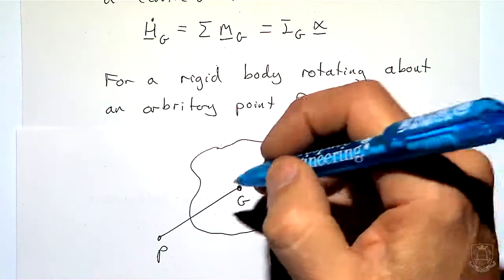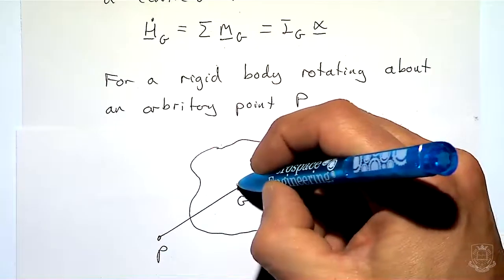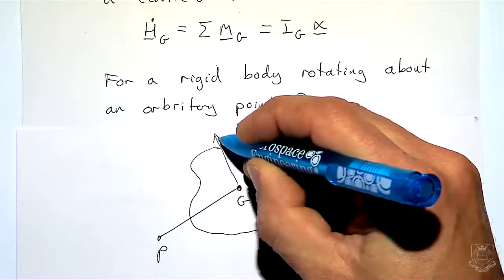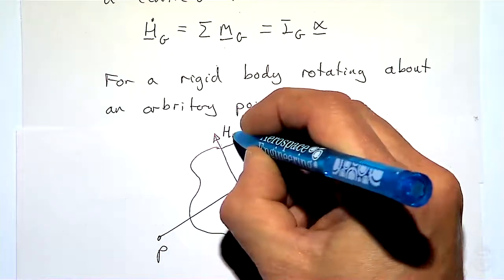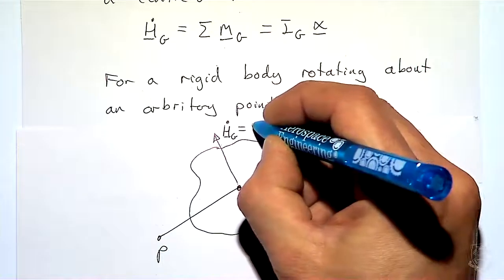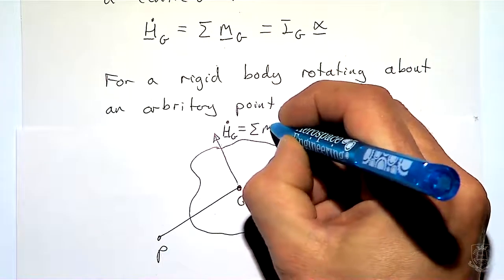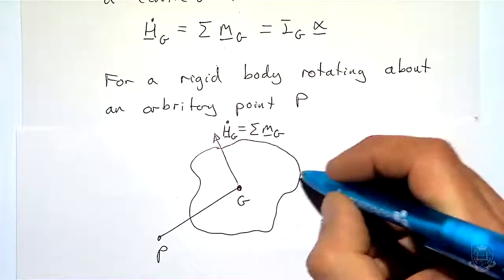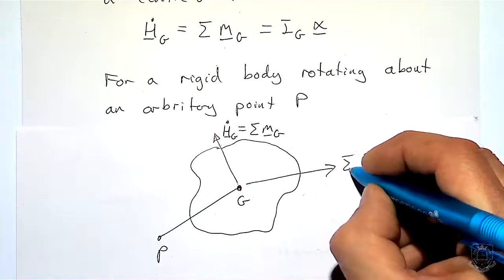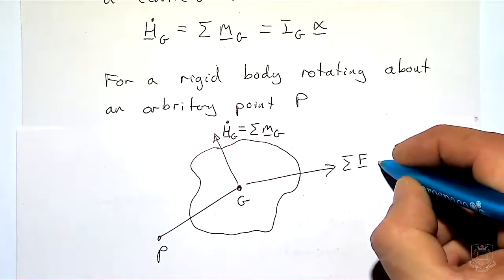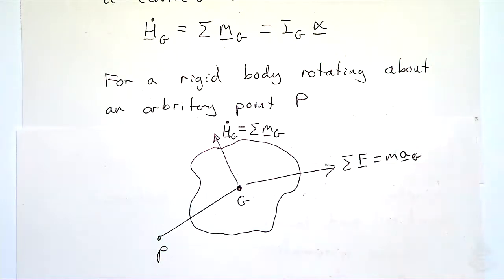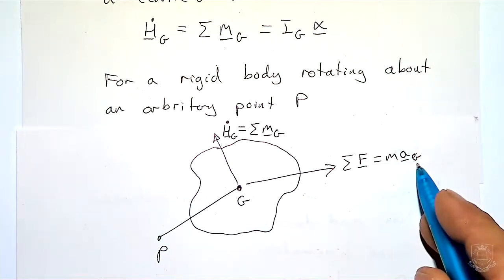And it's got an angular momentum vector in this direction. So this is hG dot, which is equal to the sum of mg, and it has some force vector which is m times aG.